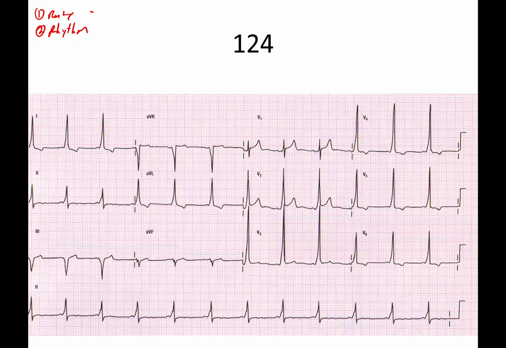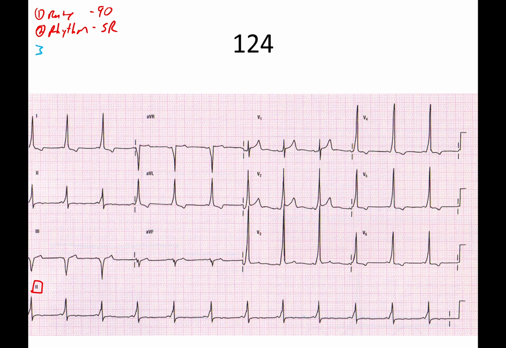There we go. A rate of 90, and we're in sinus rhythm, as you can tell by your 2 lead down at the bottom. We're going to talk about our QRS, our mean QRS specifically, as step 3.